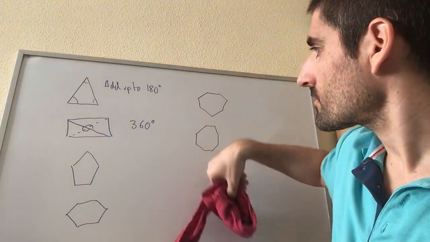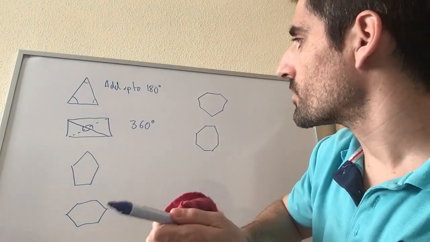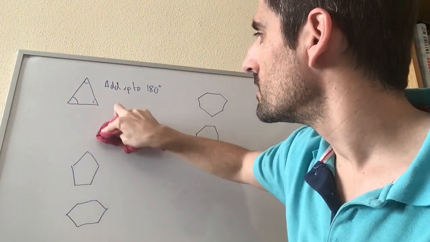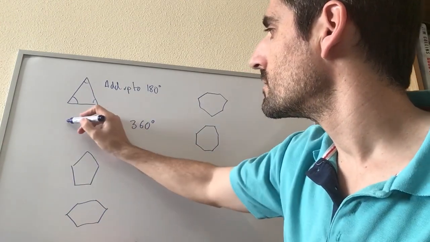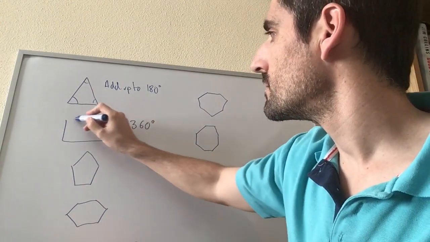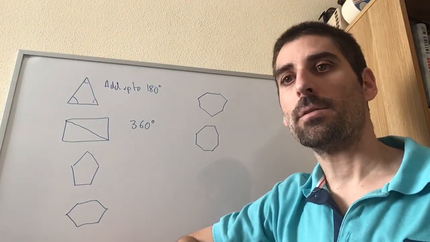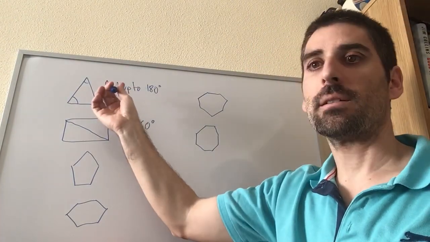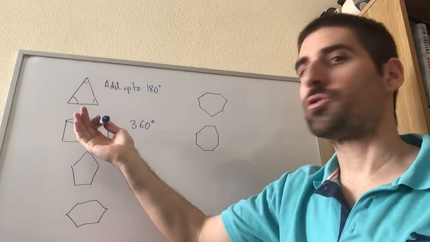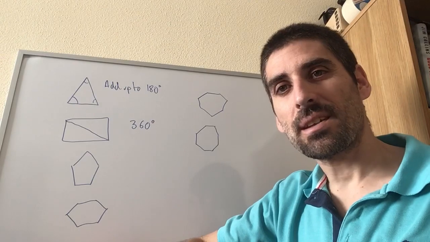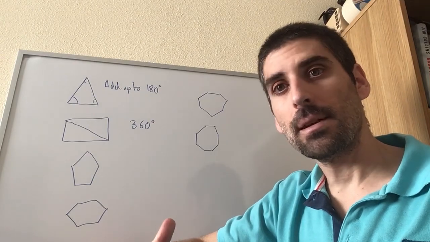So in a quadrilateral, I've got 2 triangles. In one triangle, I've got 1 triangle. In a quadrilateral, I've got 2 triangles. How many triangles can I split a pentagon into?